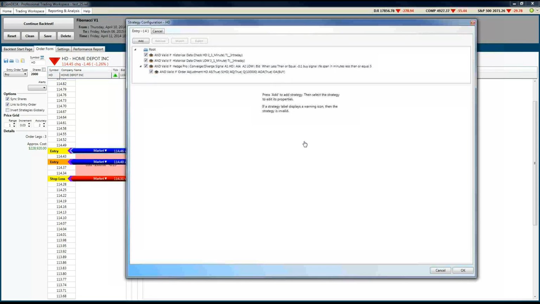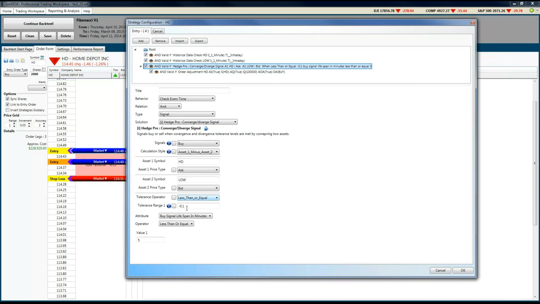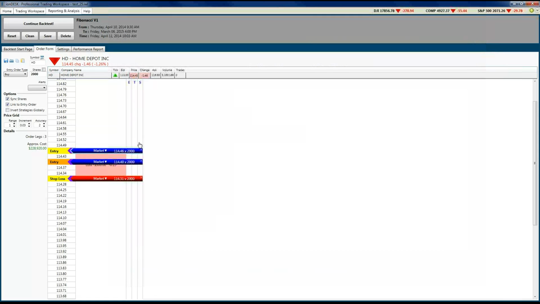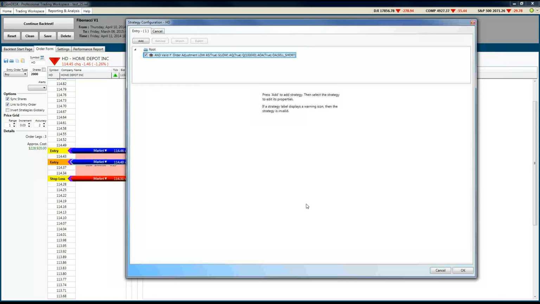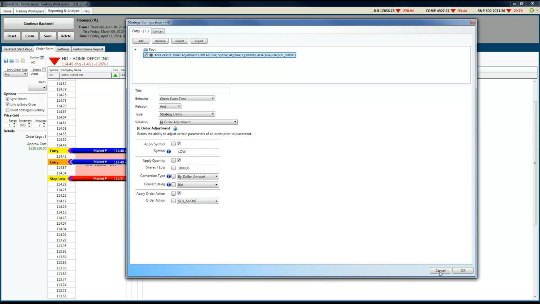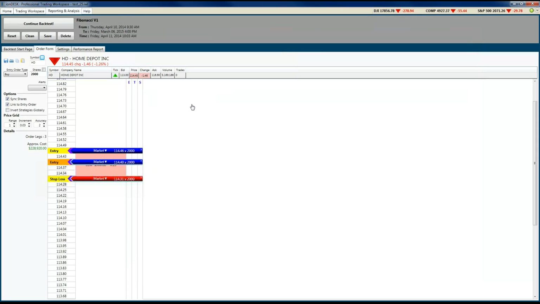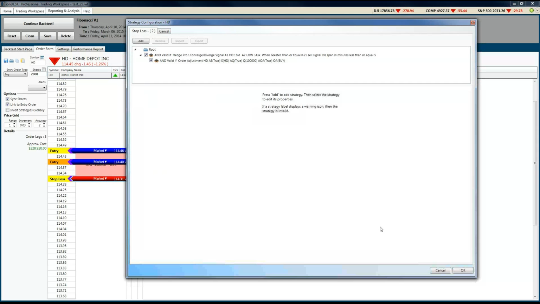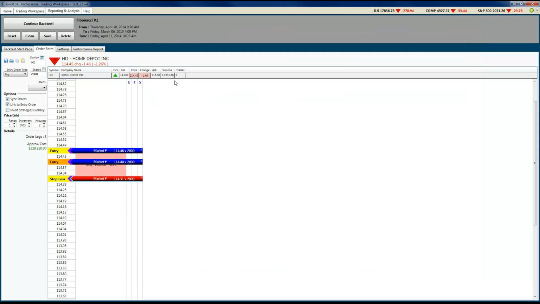All right. Here's our Converge and Diverge. Less than. Okay, let me set this guy to 1 minute. I did make sure I set that to short.